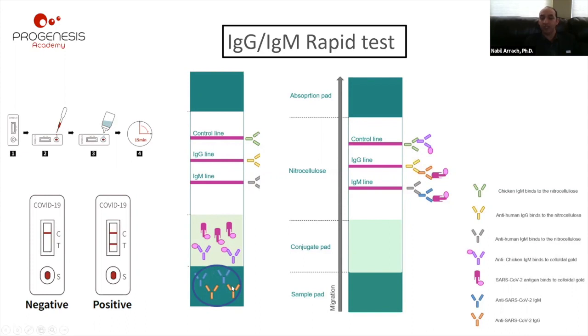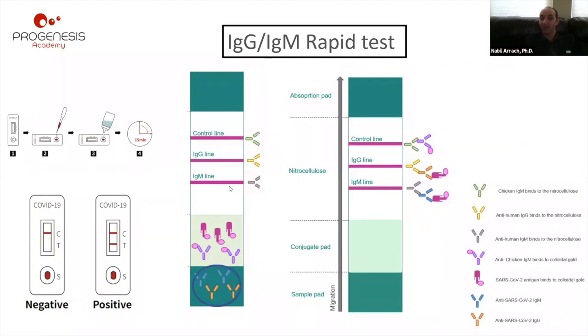And so when you load your sample in this little hole, you're going to load the antibody. The antibody will go and find the antigen right there at the very beginning, and it will drag it through the membrane.